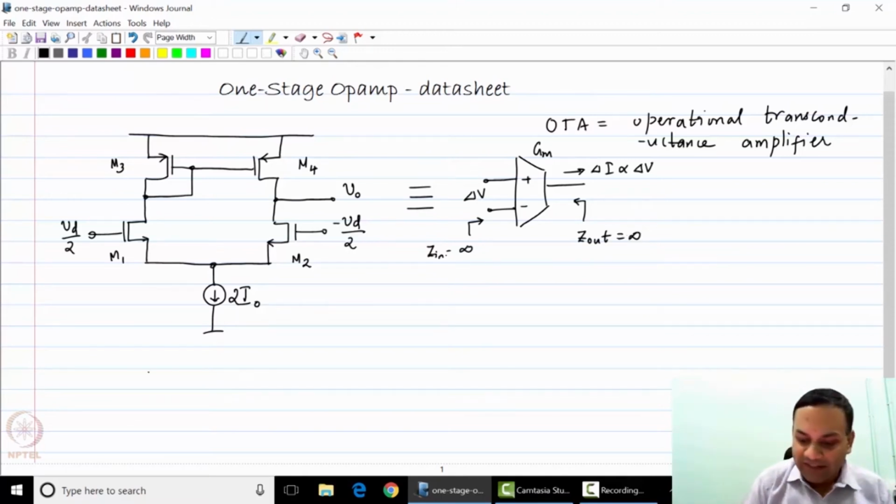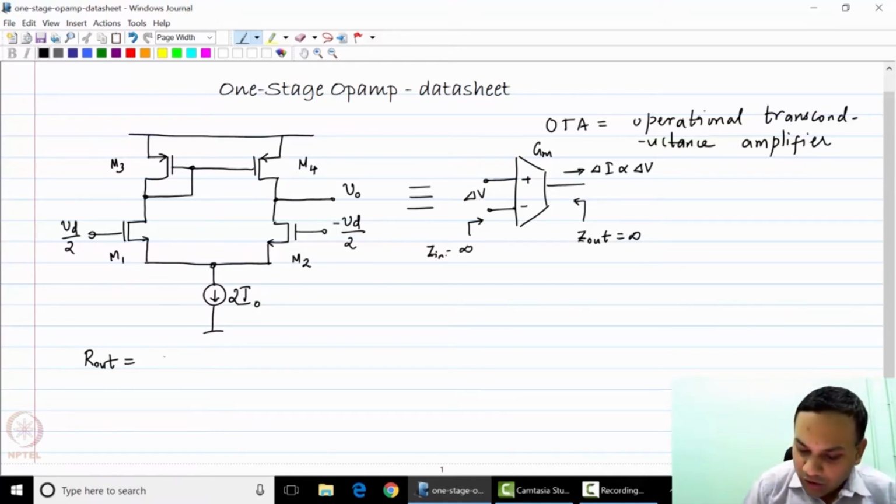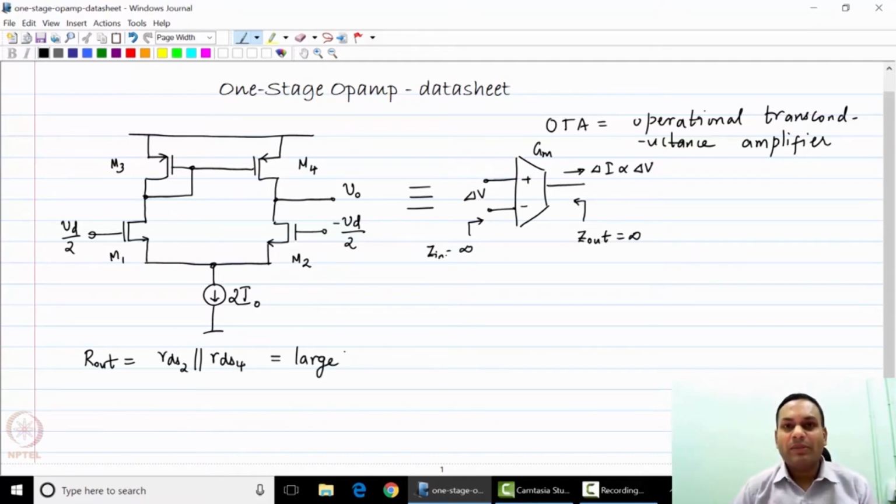It turns out that for the one-stage op-amp that we have built, R out is RDS2 parallel RDS4, which is quite large. So remember that one of the properties we desired originally from the op-amp was that the output impedance should be very small.